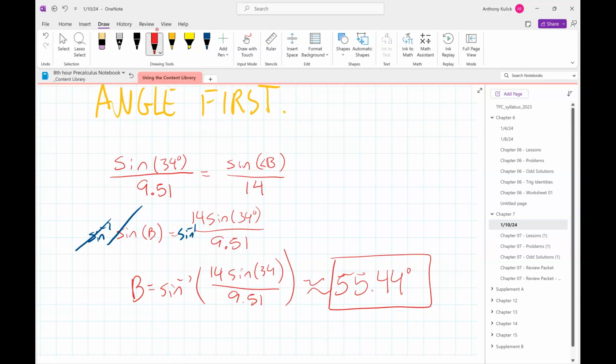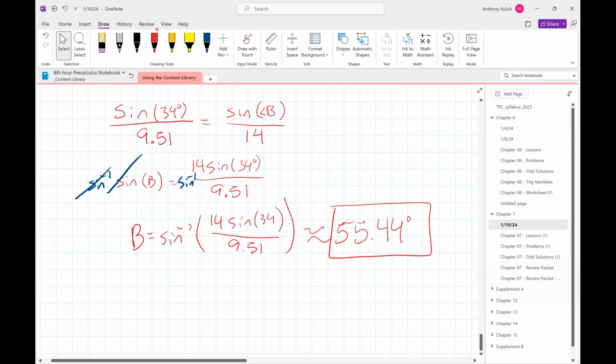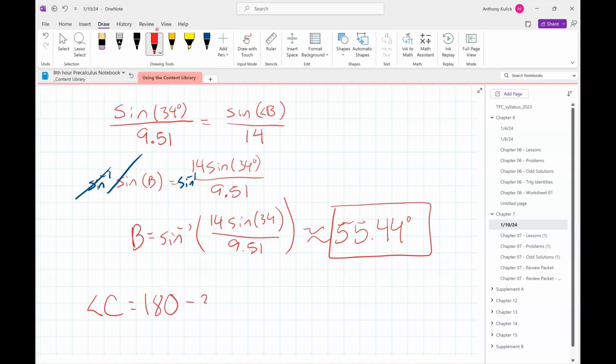So far, so good? How am I going to find angle C now? Yeah, I just found my second angle. So I can just do 180 minus the other two.